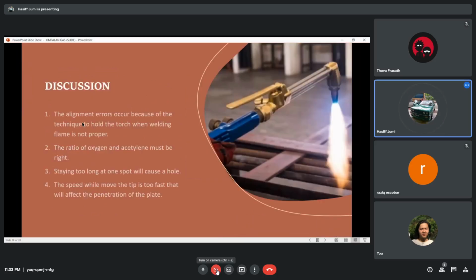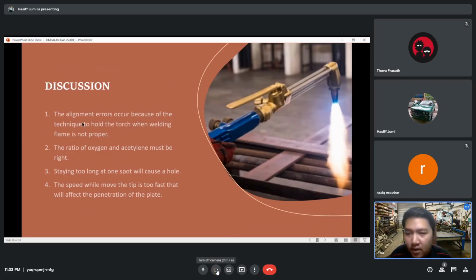For the next one, I will give to my friend Daniel. Here is our discussion. This is about what we have been through along our project. First, the alignment error occurred because the technique to hold the torch when welding was not proper.